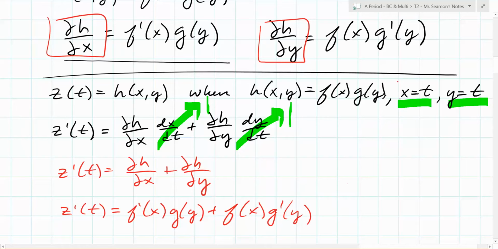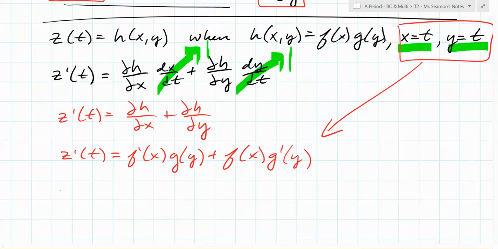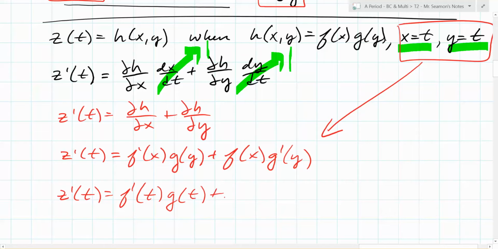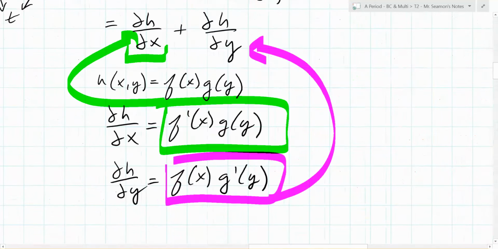But what do x and y both equal? T. So what does z prime of t equal? F prime of t, g of t, plus f of t, g prime of t. So you can separate it out and just do it separately. I did a little too much hand waving there. So if you do them separately, you end up with the exact same thing. You just do it at different levels.